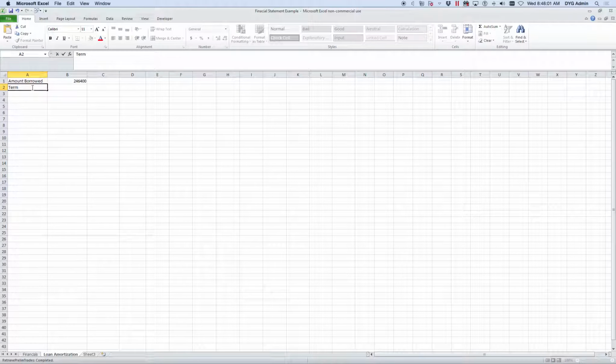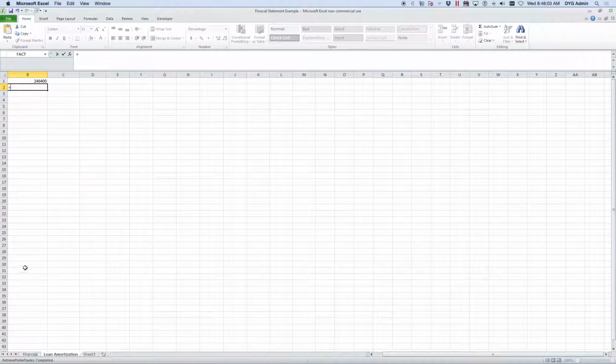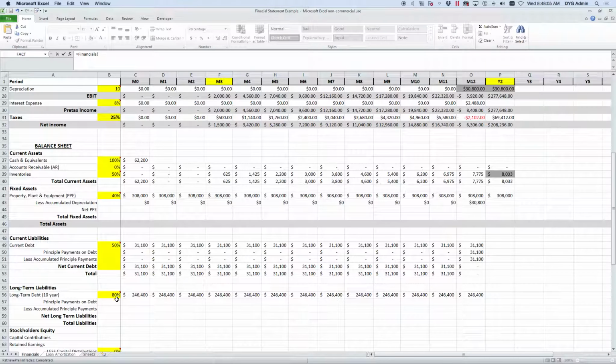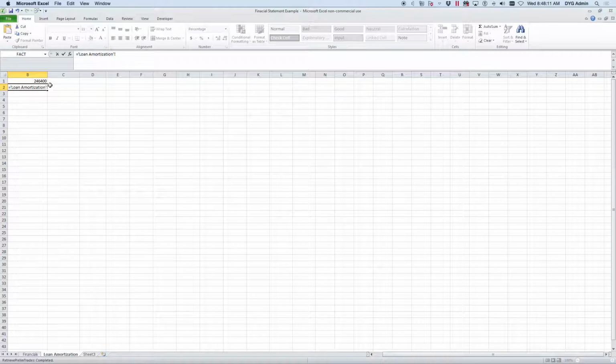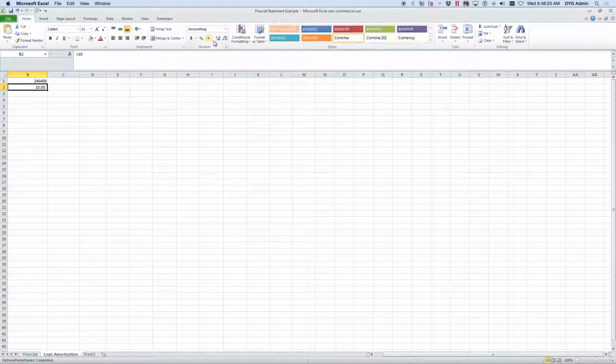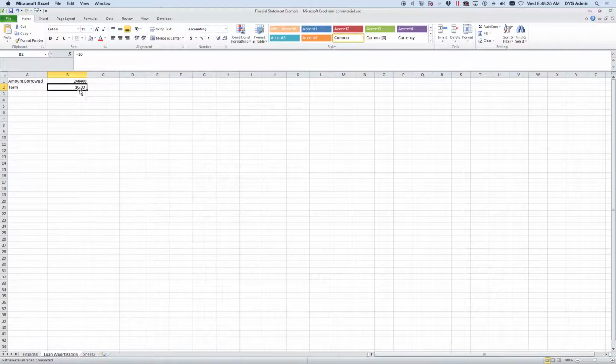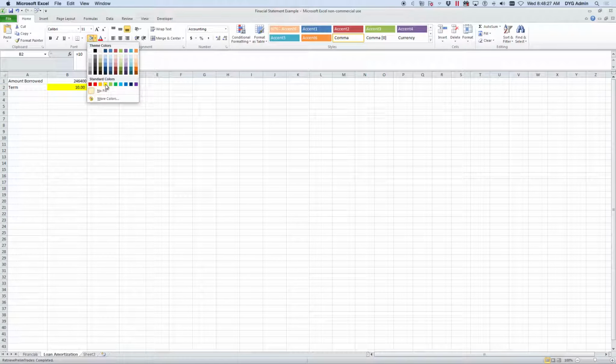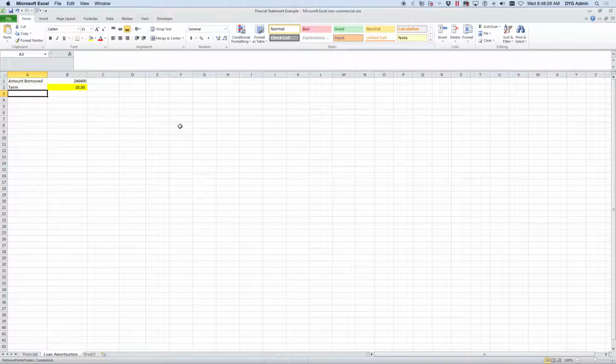Term, and that's equal to the 10 years that we said, right? So we'll just plug in 10 years. So if you make a decision to change from 10-year, you have to come over here and change it. Don't know why that's doing that, but okay. So we're going to highlight that as one that you have to be sure you change.